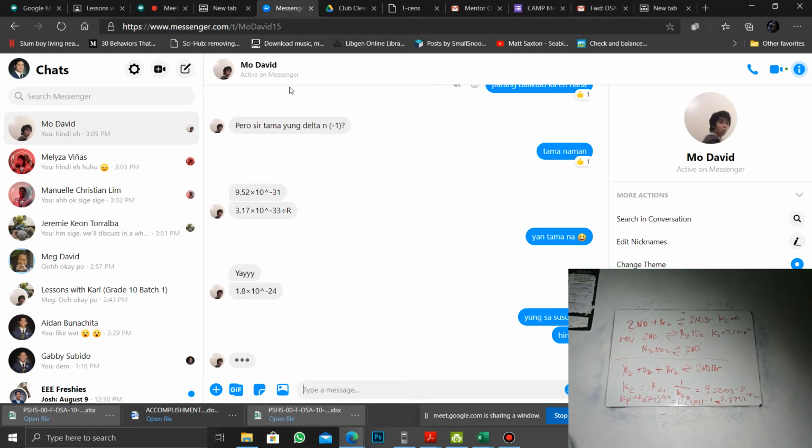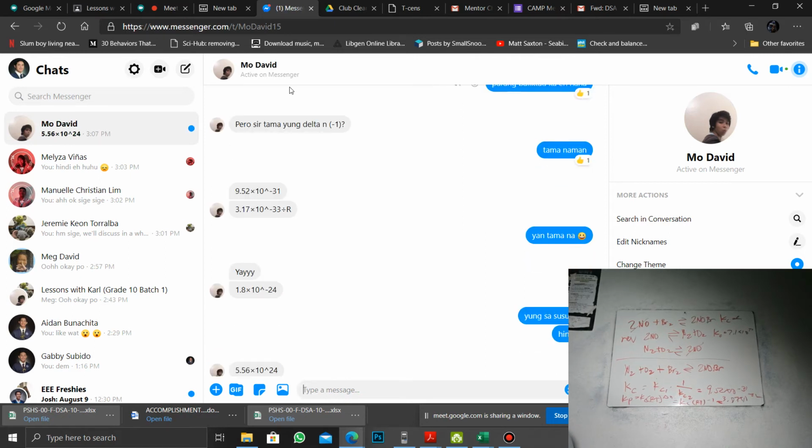Pag diniretso niyo yung calculation sa letter B sa calcu, hindi siya tatanggapin kasi more than 100 yung exponent, no? Kasi hindi siya kaya ng calcu. So, if you can, try to simplify yung 10 raised to something. Yung exponent 10 natin. So, in my case, 10 to the 24th.